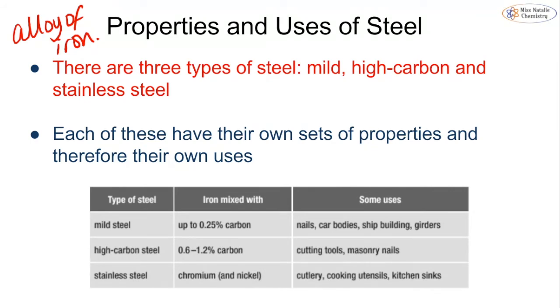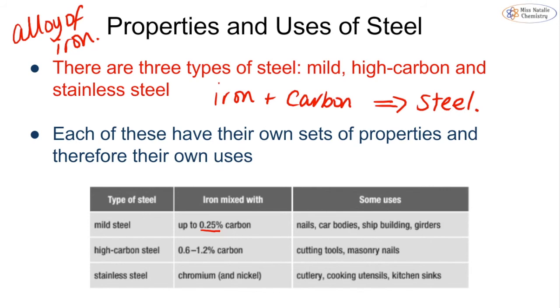And the steel is iron mixed in with carbon. Now, if we have mild steel, we're adding in just a small amount of carbon, and again, it gives it a little bit more strength. And this we use for things like nails, bodies of cars, shipbuilding, and for girders as well.